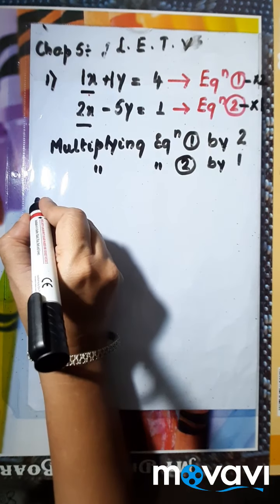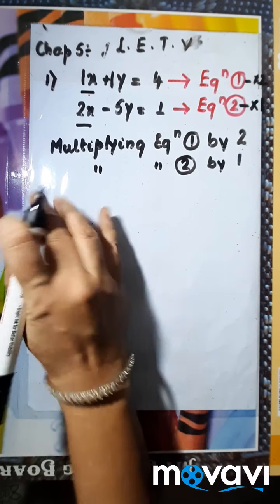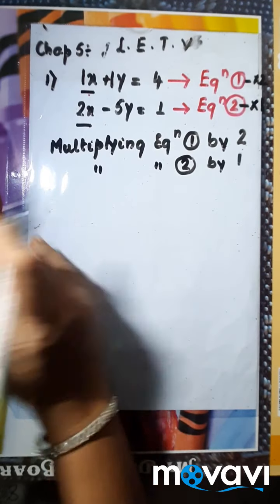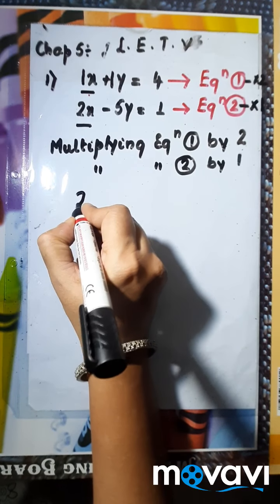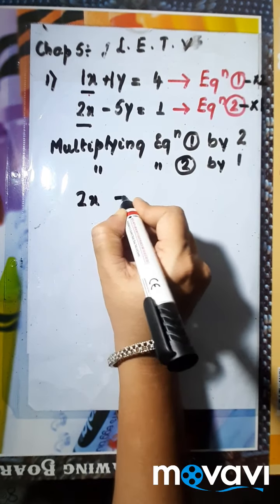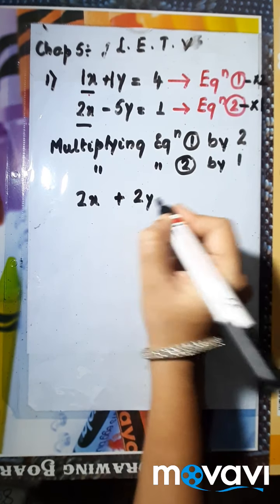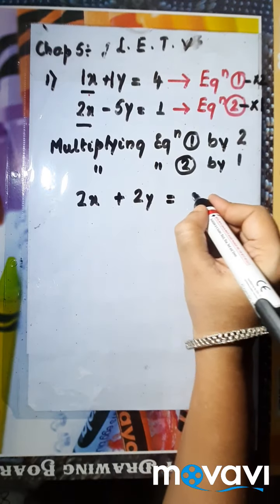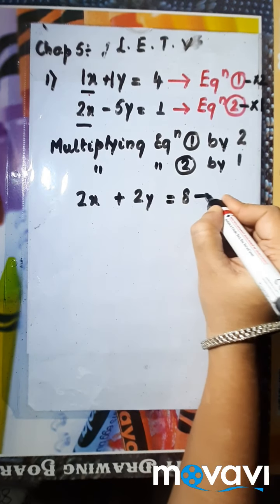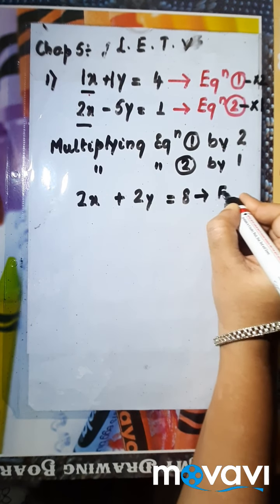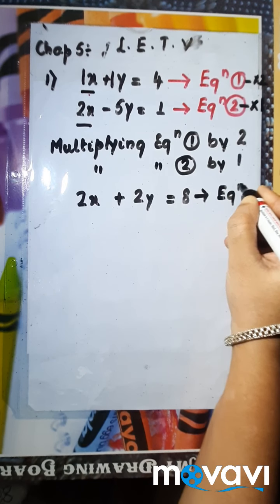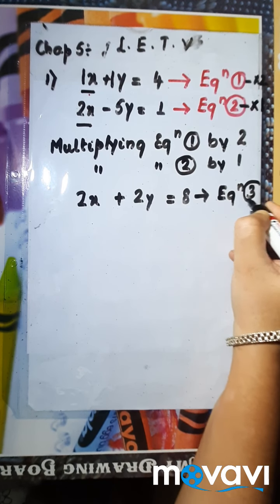Right? Now when I multiply by 2, multiply each and every term. So I will get 2x plus, now multiply 2 into y, 2y is equal to 2 4s are 8. Okay, let me call this equation 3 because I am making a new equation.